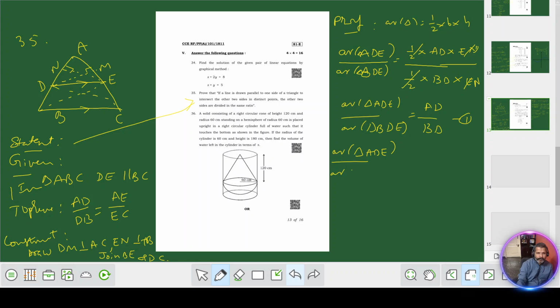Same, half into base; for ADE we make AE the base because we are taking DM as the height. So AE into DM by half into EC into DM, where EC is the base and the height is again DM.